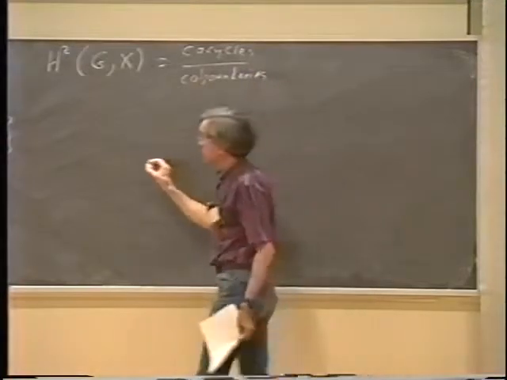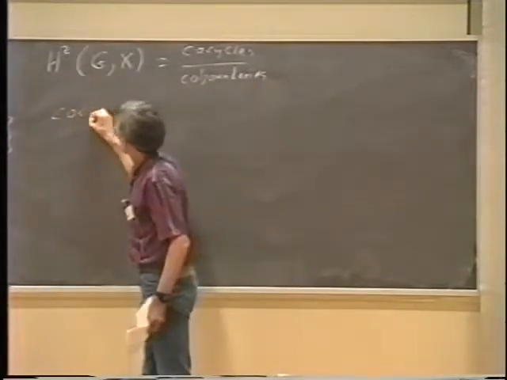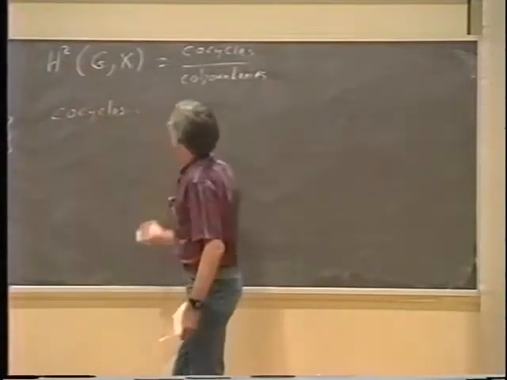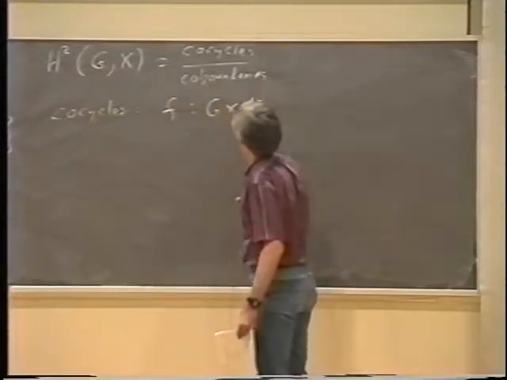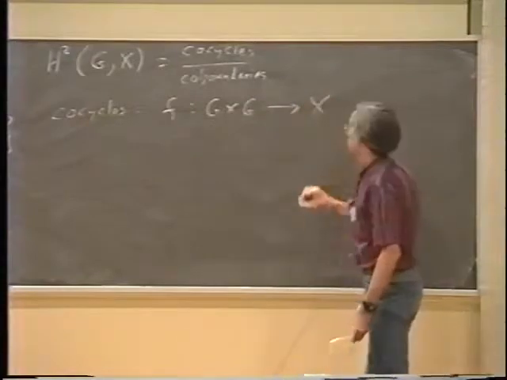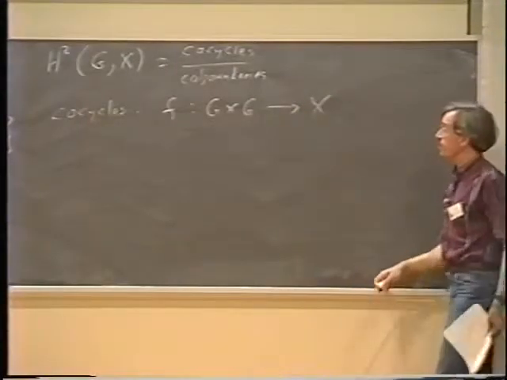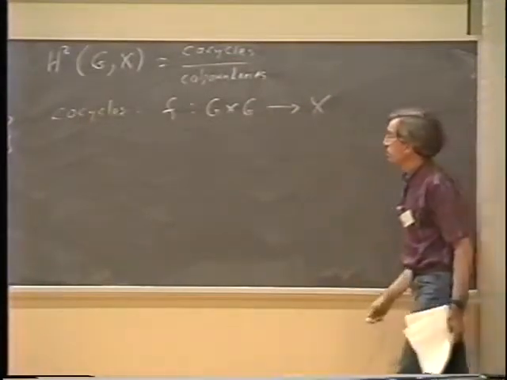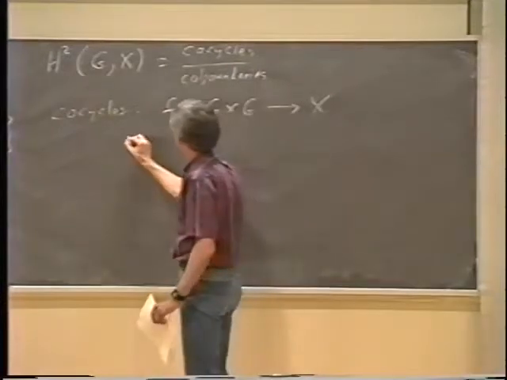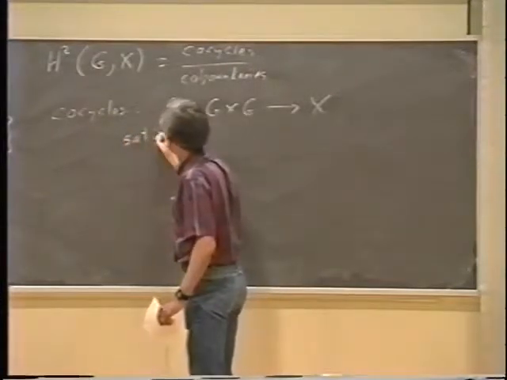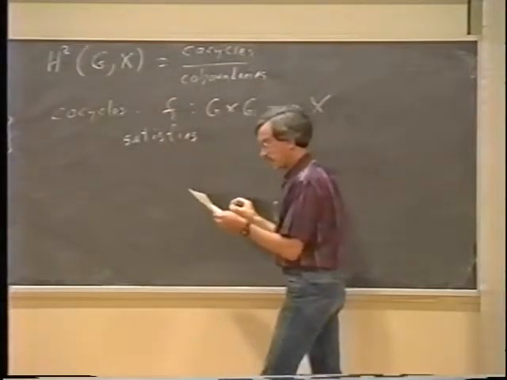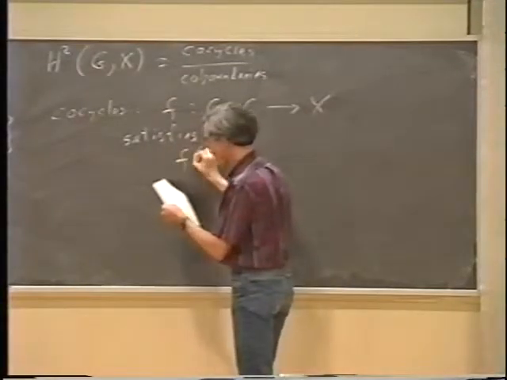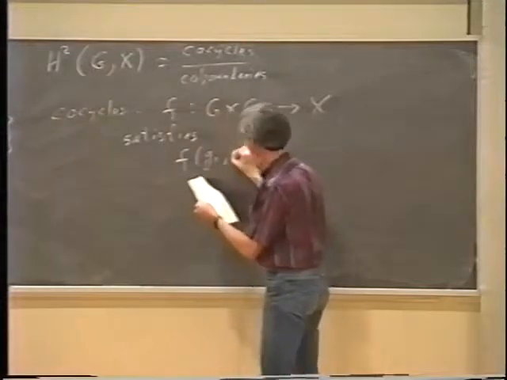And what are cocycles? Cocycles are just functions from G cross G to X. So these are just maps of sets. If you have topologies, you make them continuous. And they satisfy, and this is something you don't memorize, a relation.